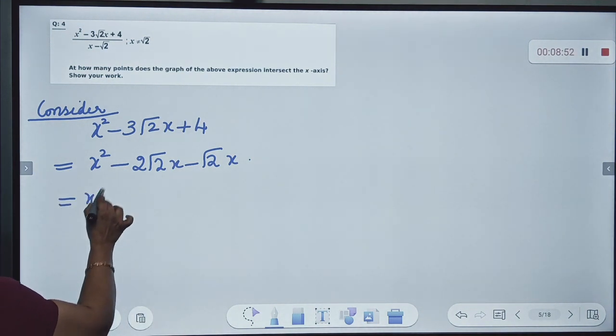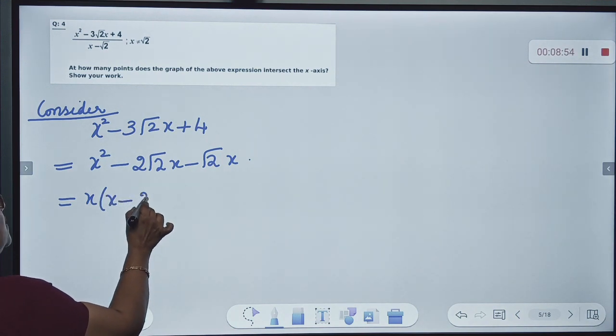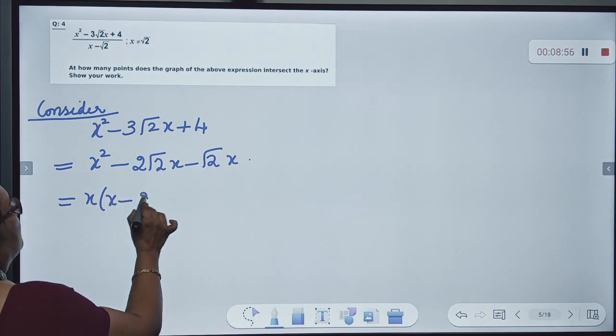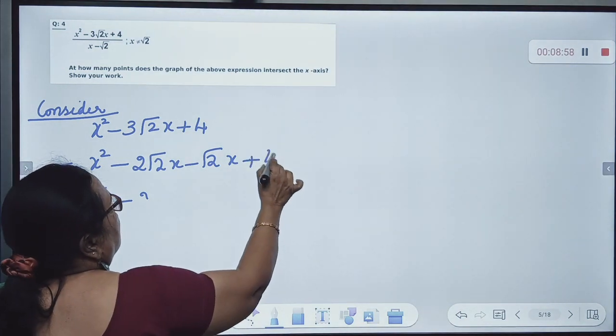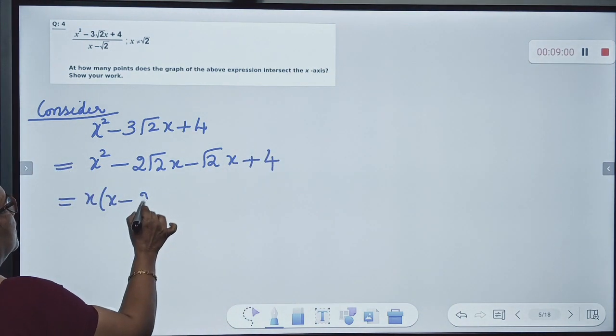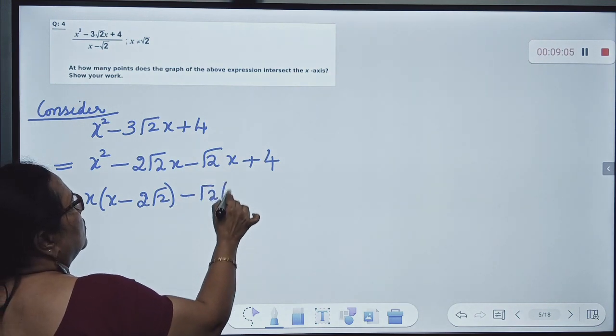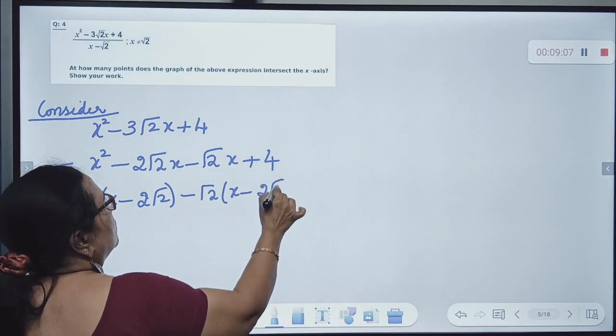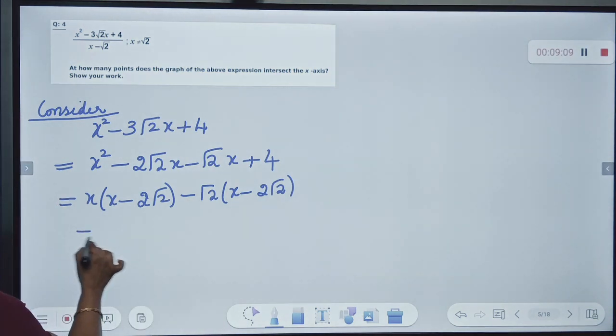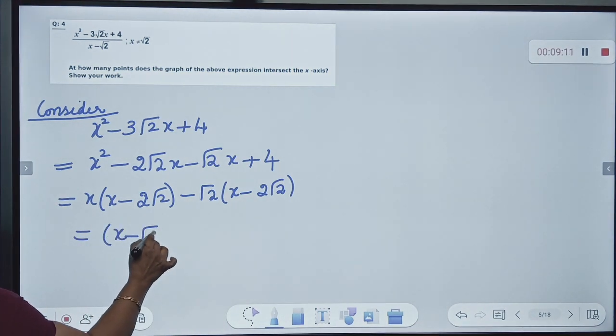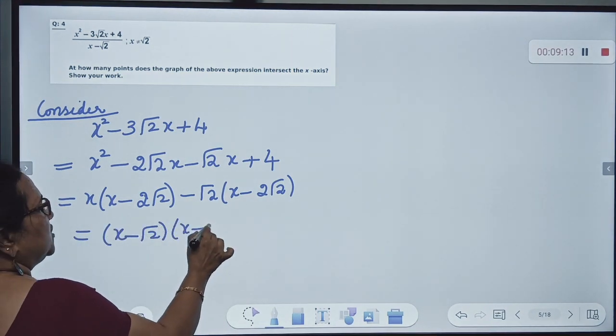This will be x into x minus 2 root 2, minus root 2 into x minus 2 root 2. So this becomes x minus root 2 into x minus 2 root 2.